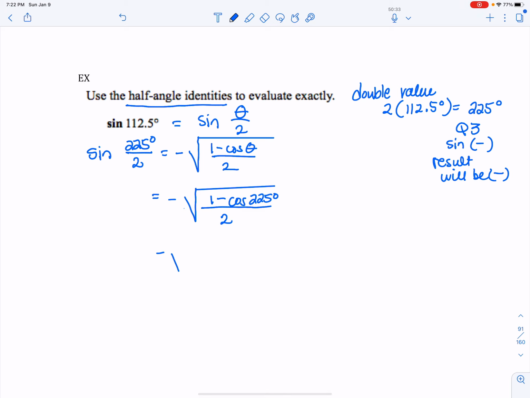So if I write that out, I get 1 minus negative radical 2 over 2 all over 2. Okay, so a negative times a negative is a positive, and also I have to find a common denominator. So I'm going to do that in this step. So negative square root of 2 divided by 2 plus radical 2 over 2 all over 2.